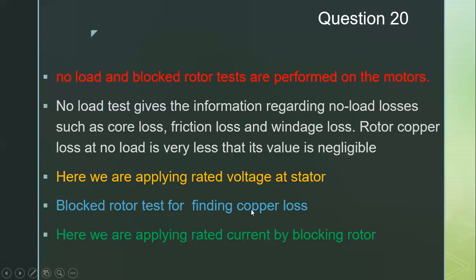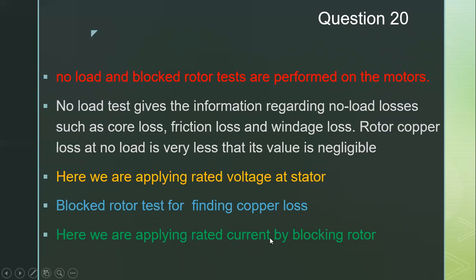The blocked rotor test is used to find the copper loss. In this test the rotor is blocked by a pulley or another arrangement, and we give the rated current to the stator. The copper loss is I squared R loss. If the motor's rated current is 10 ampere, you apply 10 ampere, and I squared R gives the copper loss.